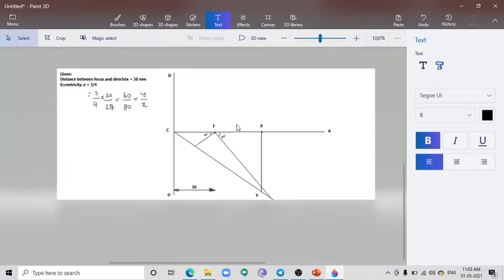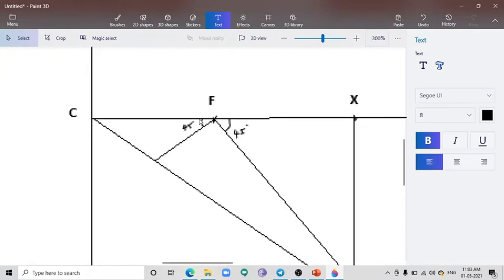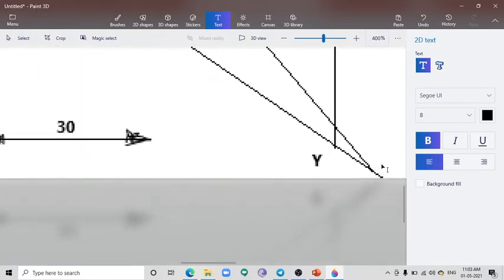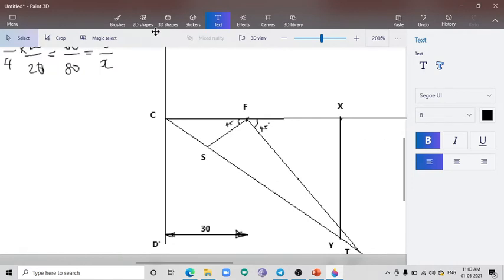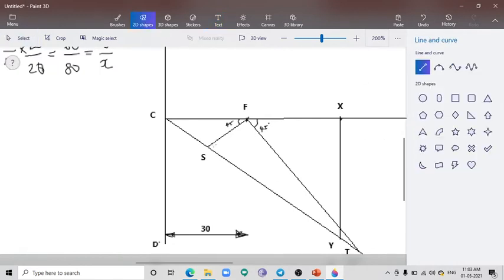Okay, so then after drawing two 45-degree lines, we have to give namings at a point where that 45-degree line and our CY line meets, and naming is given as capital S over here, and this point is to be named as capital T. Okay, then we have to draw two vertical lines from the points S and T, and those vertical lines should meet our central axis at a point V1 and V2, and those 2 points are called as vertexes.